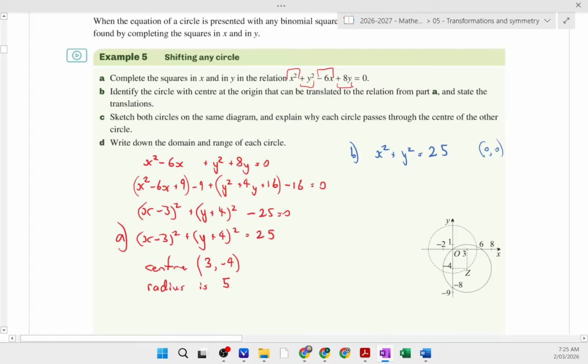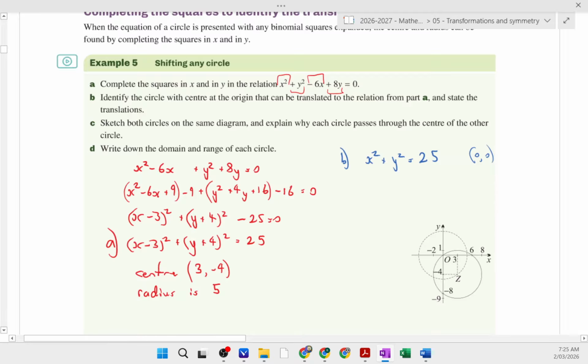And then what has ours done? This circle that we have is exactly the same circle, but the center is shifted right 3 and down 4, which is where we got this center from here. We've still got the radius is 5.